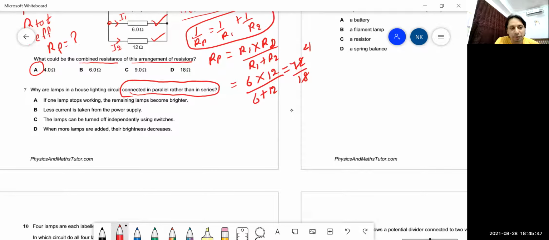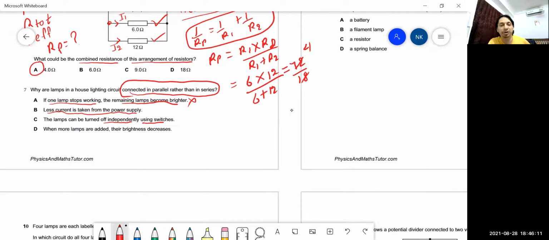If one lamp stops working, remaining lamps become brighter. No, this does not happen. They are connected with the same voltage, so this is not going to happen in parallel. Less current is taken from the power supply. No, this is also not the case. The lamps can be turned off independently using switches.